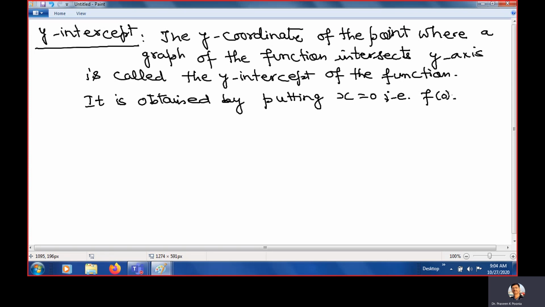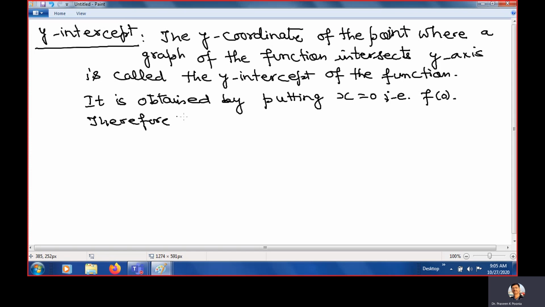Clear? So when you put x equal to 0, you will get a value, but here we get one value only, clear. So that one value is the y-intercept.